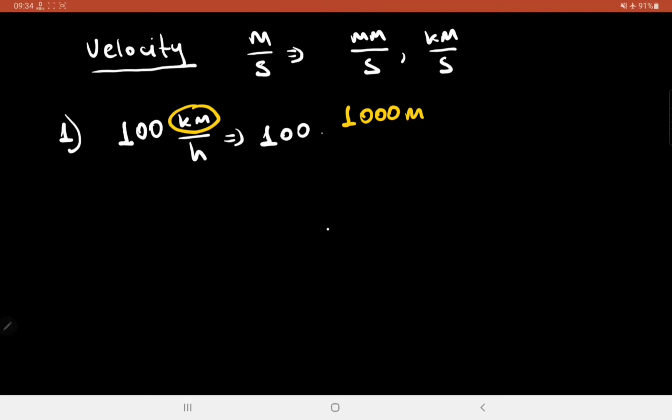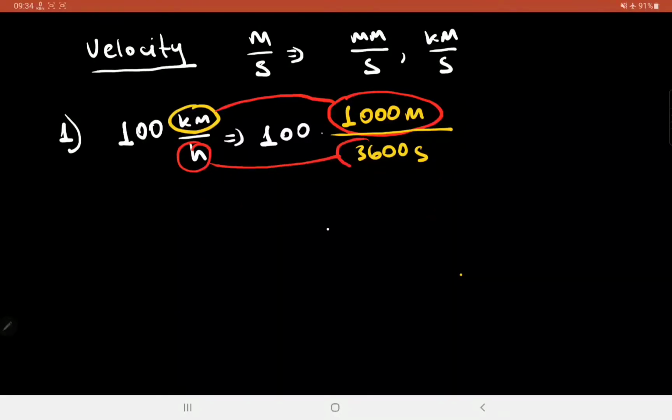So we will replace kilometer with 1000 meter, and divide by 1 hour. In 1 hour, how many seconds do we have? 3600 seconds, which is equivalent to 1 hour. So basically we are replacing 1 hour with equivalent seconds. That's all. This is how it works.